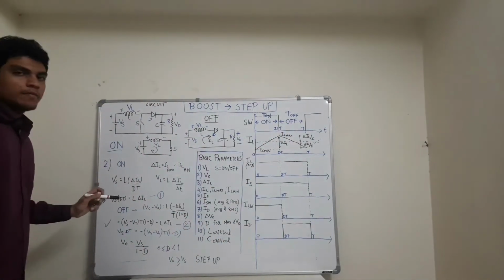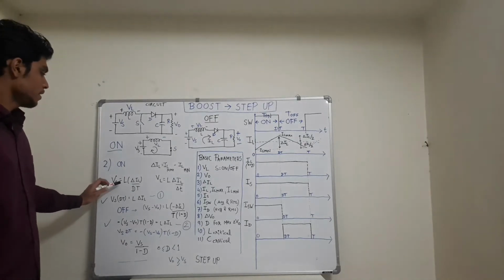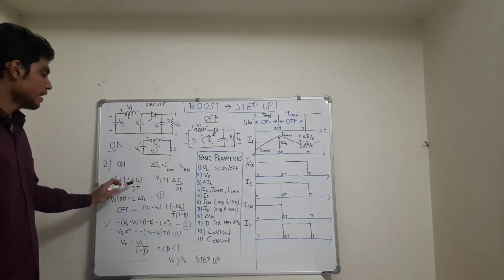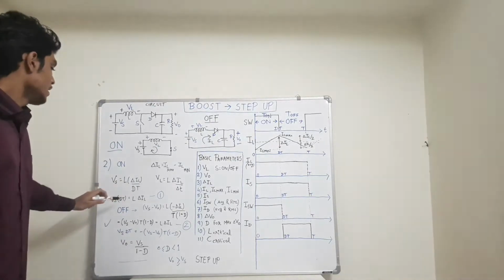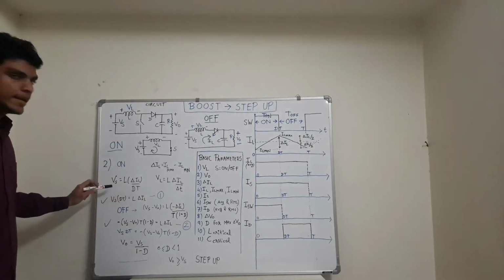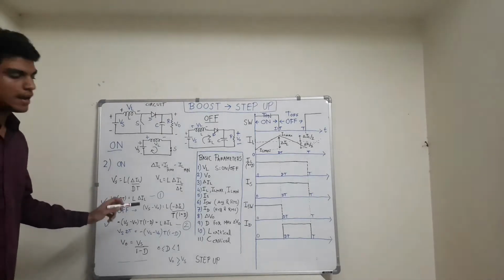During on time, if we apply this equation, VL, which is Vs, equals L into del IL upon on time. The on time is dT, and bringing dT to this side we get the equation Vs dT equals L del IL.